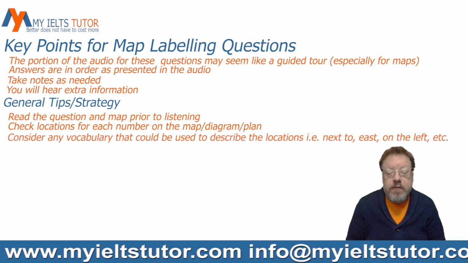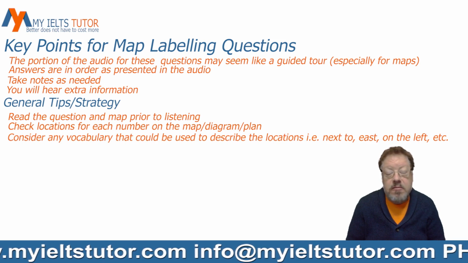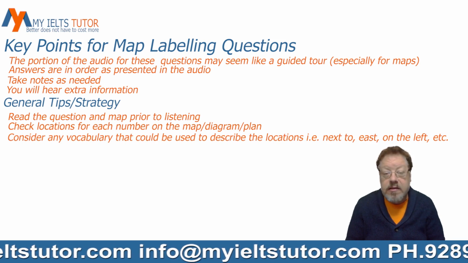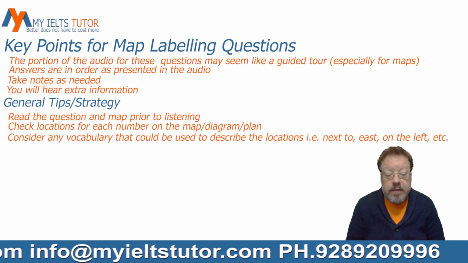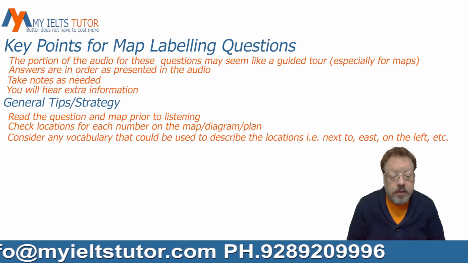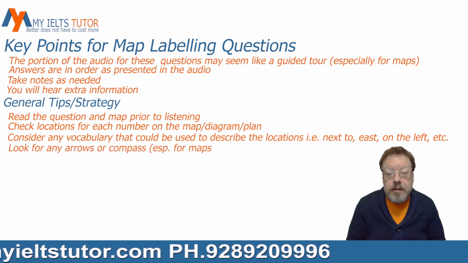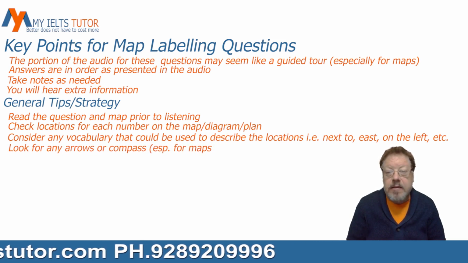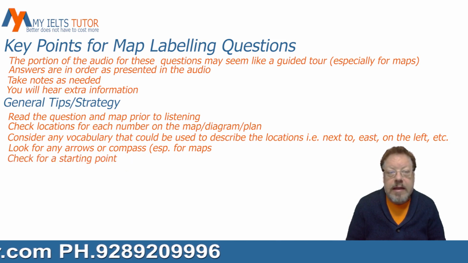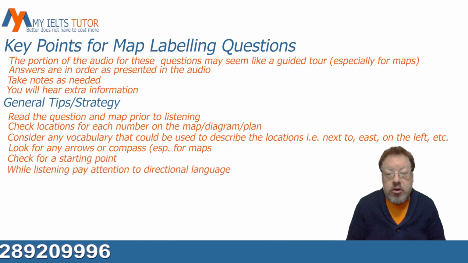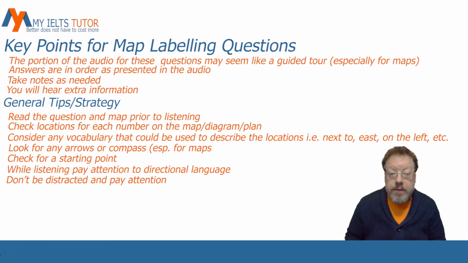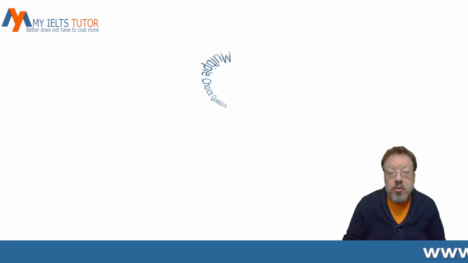You want to consider any vocabulary that could be used to describe locations, such as next to, east, west, on the left side, adjacent to, for example. You want to look for any arrows or compass, especially for maps, because this will indicate directions for you. While listening, pay attention to directional language. Don't be distracted. Finally, be focused.